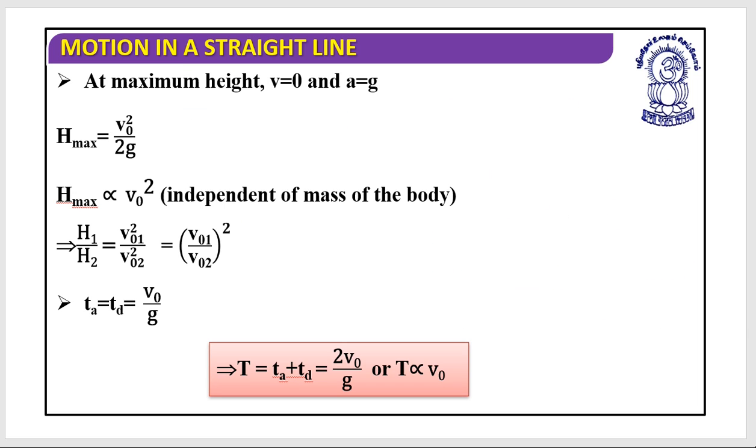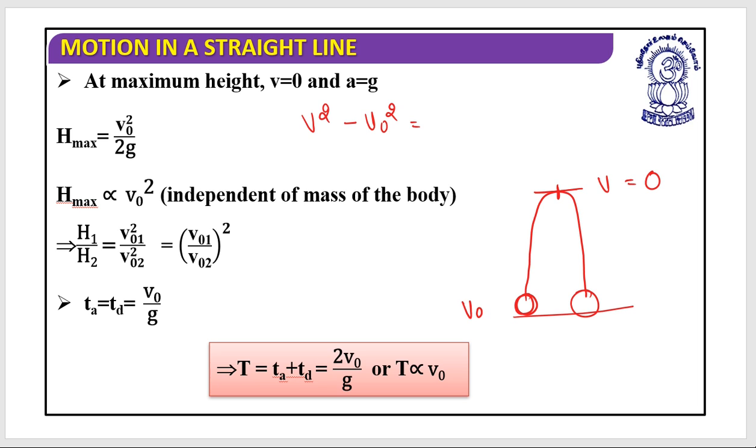At maximum height, what would be the situation? Suppose this is the situation. An object has been thrown with v naught. At this point, as we have discussed, the final velocity would be 0. So if I write the relation v square minus v naught square is equal to 2 into g into h, as this is in the negative direction, this should be replaced by minus g.